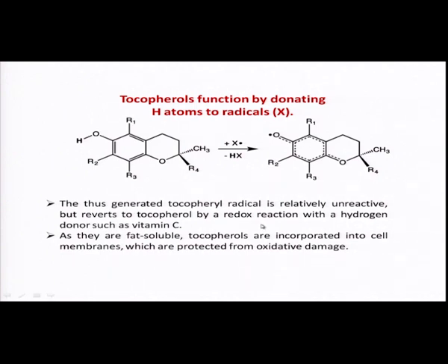In this case, tocopheryl radical would be converted back into tocopherol by a redox reaction with a hydrogen donor such as vitamin C. If you look at it closely, you would understand that this free radical, the tocopheryl free radical, which was extremely reactive, is being converted into a relatively unreactive free radical, and this answers the question of the antioxidant effect of tocopherols.